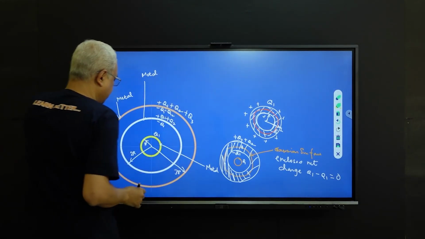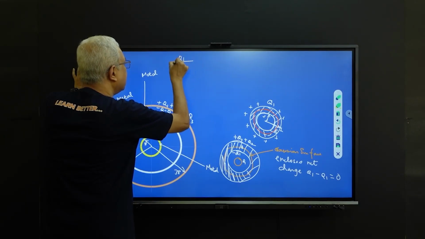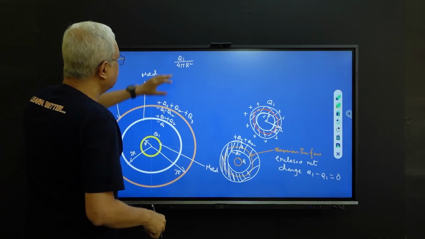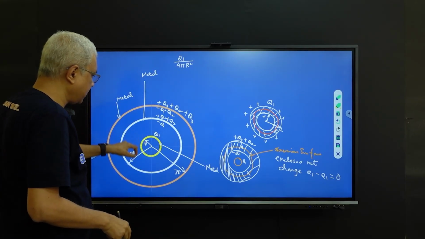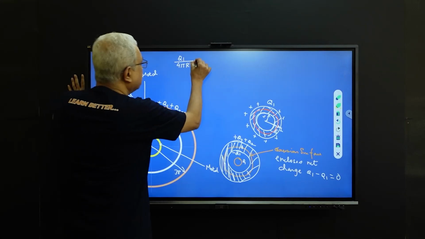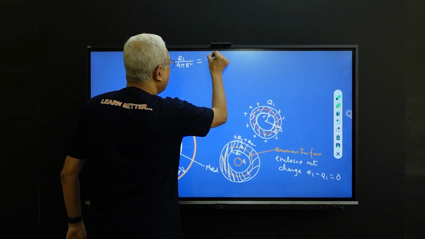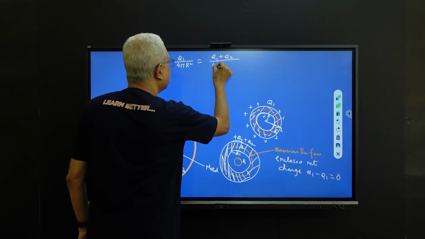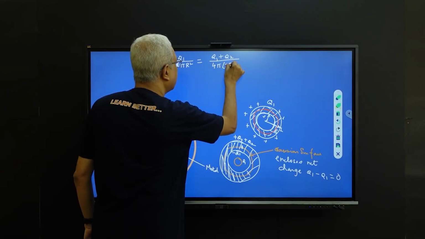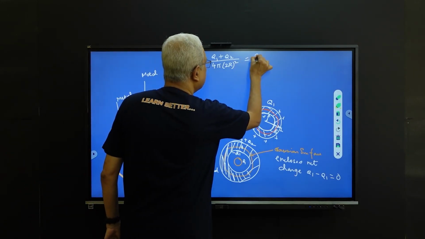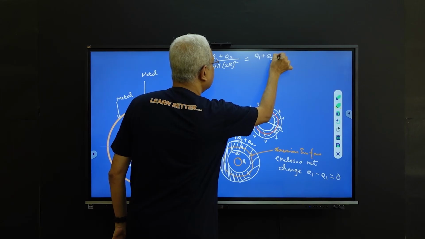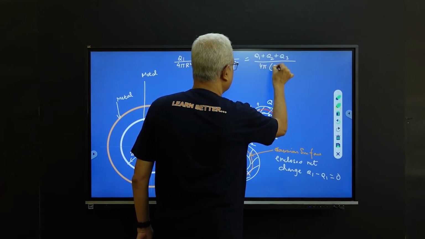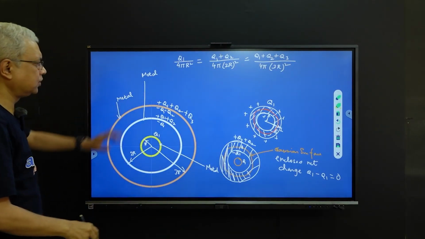So I can write Q1 by 4 pi r square, which is the surface charge density on the outer surface of the innermost spherical cell, is equal to Q1 plus Q2 by 4 pi into 2r whole square, is equal to Q1 plus Q2 plus Q3 divided by 4 pi into 3r whole square. Okay, so this is the expression.